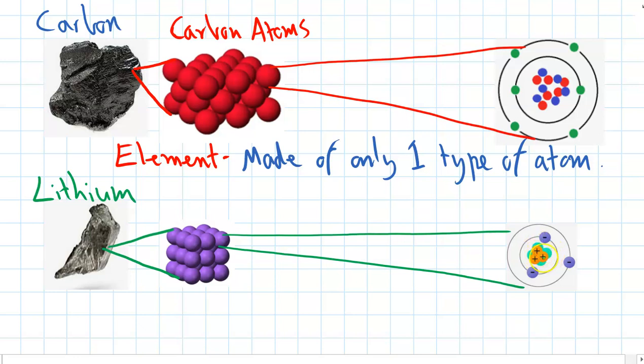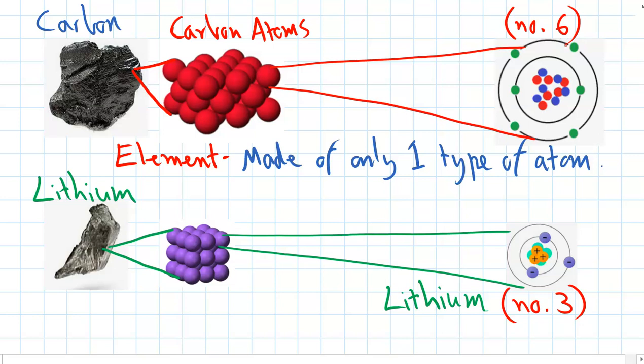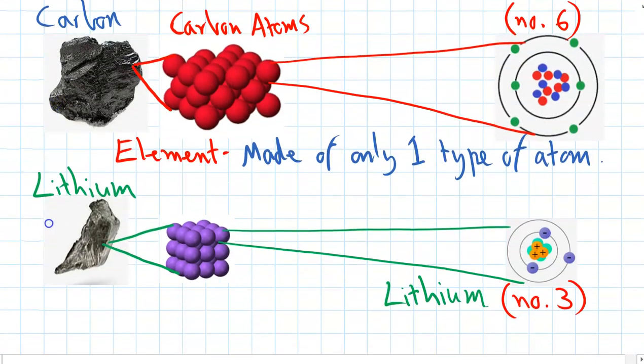Most of them have 4 neutrons, depending on the isotope, and 3 electrons. And that's because lithium is element number 3. So it has 3 protons. Atomic number 3. And remember, carbon was number 6. Okay, so that's some examples of elements.